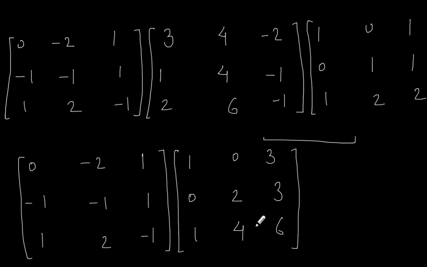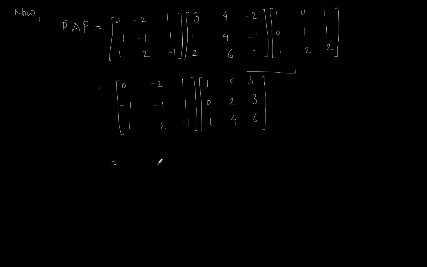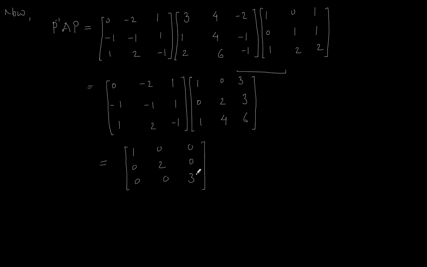Now multiply these two matrices, and you will get a diagonal matrix D. So matrices A and D are similar matrices, and here we obtain a diagonal matrix, so we represent it by D. And if you see the diagonal entries of this matrix, they are nothing but the eigenvalues of the matrix A.